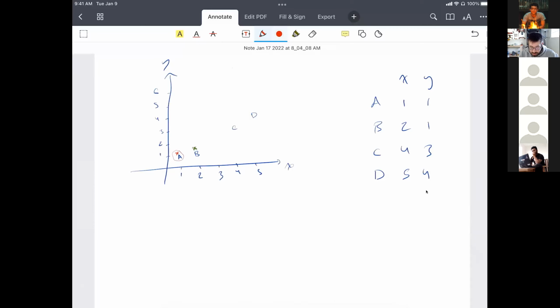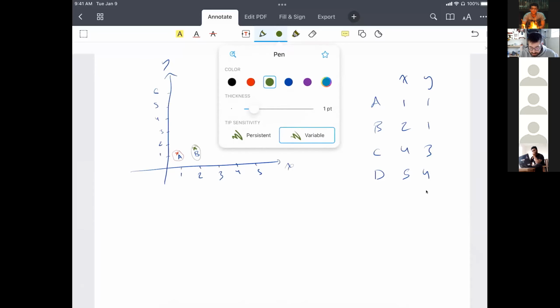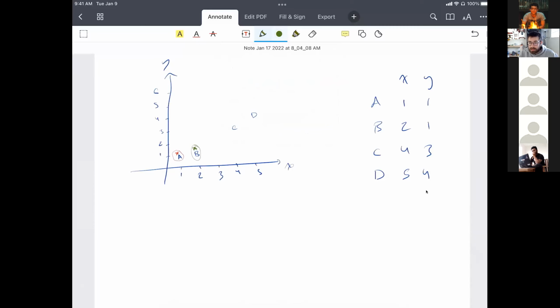How about B? The green one. Okay, C and D, are they closest to this center or to this center? They are closest to the green one. Therefore, they belong to the green cluster.